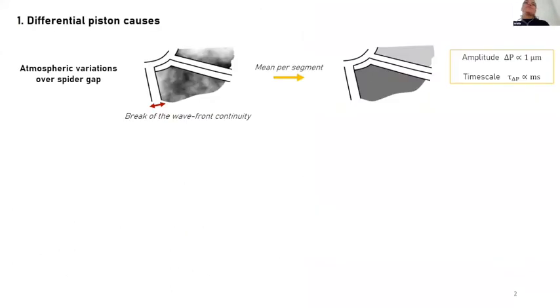First of all, I just wanted to briefly introduce the differential piston causes at ELT. We first have the atmospheric variation of the spider gap because of the spider thickness, which has an amplitude and evolves at a rate typical for the atmospheric perturbation. I also mentioned the low wind effect.